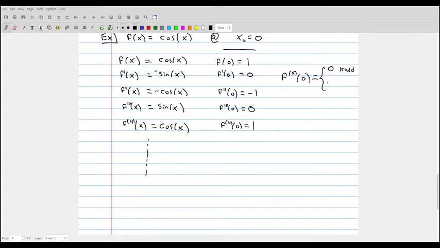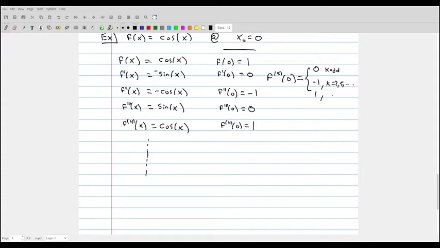It's negative 1 if k is equal to 2, 6, and so on and so forth.